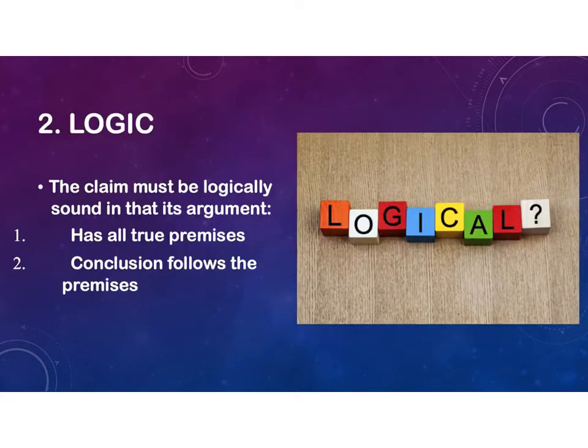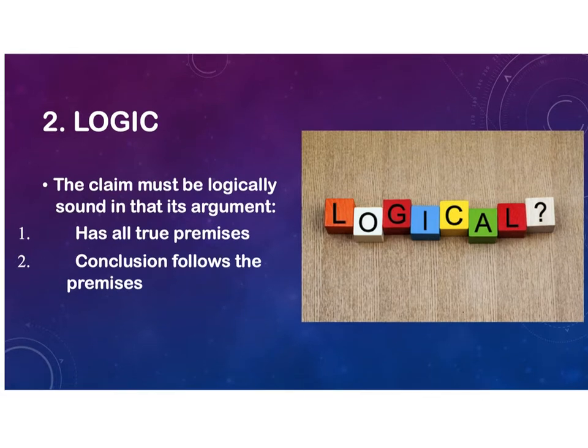The second criteria is logic. And this criteria says that the claim must be logically sound in that its argument, 1, has all true premises, and 2, the conclusion follows the premises. Now, what this means is, number 1, the data that the argument rests upon needs to be true.